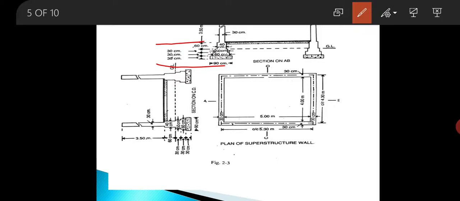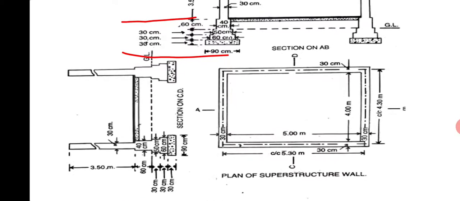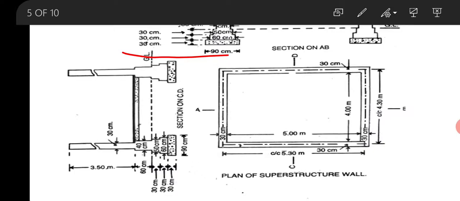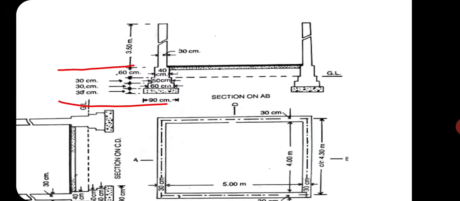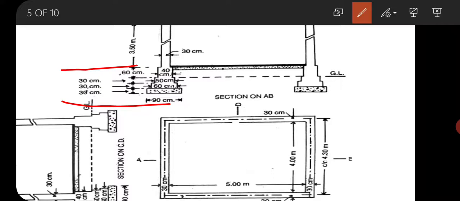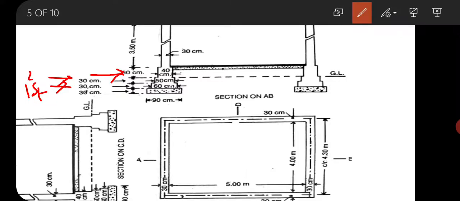So here there are two numbers of footing. This one is first footing, this one is second footing and this one is the plinth wall. Okay, first, second, plinth.